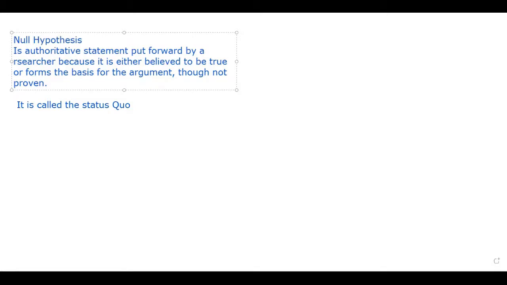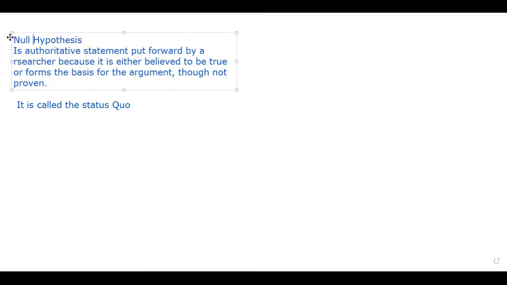So as I said, the hypothesis, as I read earlier, is a claim or assumption about a population parameter. So with the hypothesis, you are making a claim or assumption about the whole population before you take samples and decide on it or conclude and make your decisions.